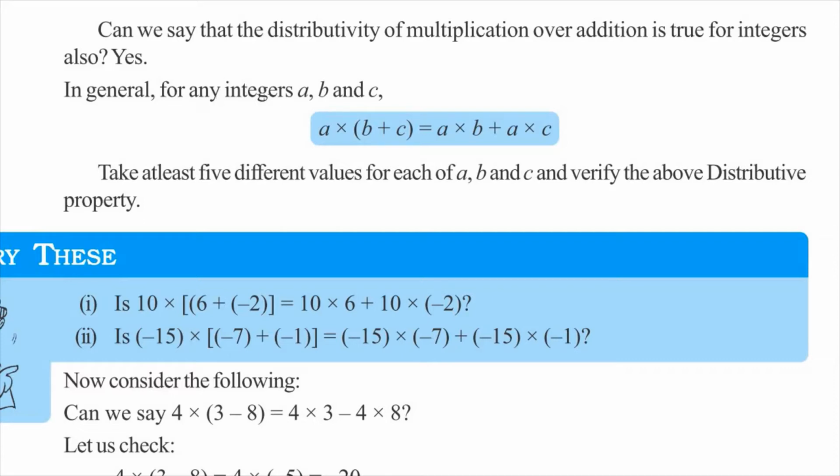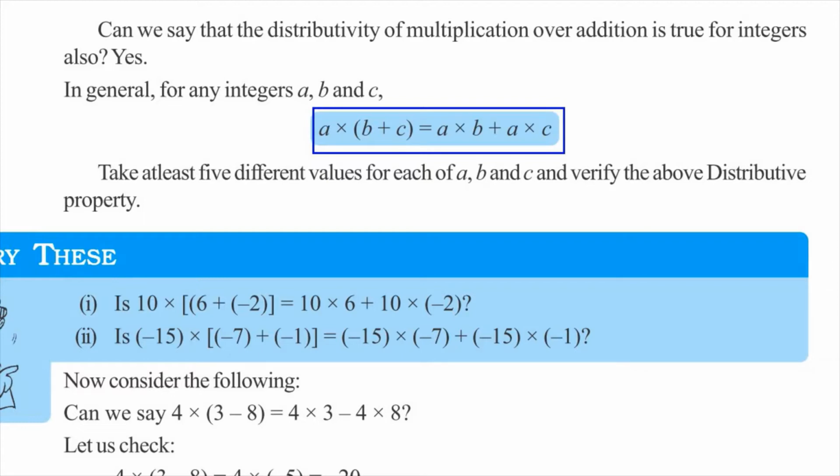Yes. In general, for any integers a, b and c, a into (b plus c), let me take a box. So a into (b plus c) is equal to a into b plus a into c. Here we have two groups.